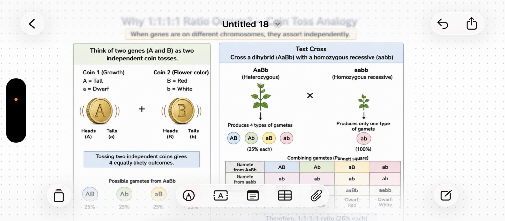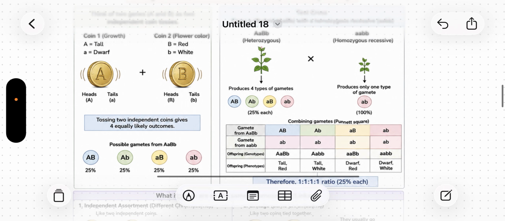On one side of coin 1, suppose we have allele capital A, and on the opposite side we have the allele small a. On the second coin, on one side we have capital B allele, and on the opposite side we have the small b allele. When we toss coin 1 and coin 2 together, the output may be capital A and capital B, or capital A and small b, or small a and capital B, or small a and small b.